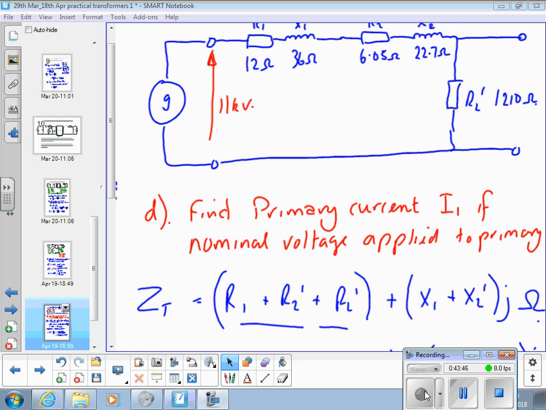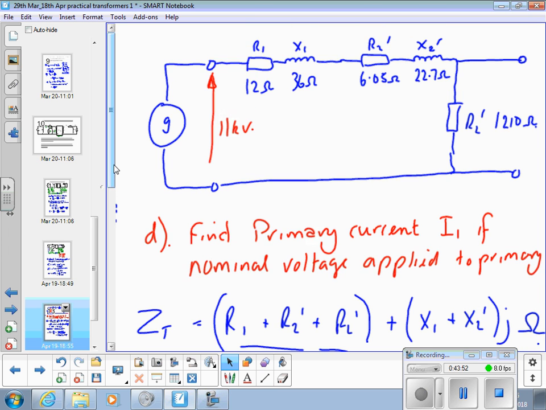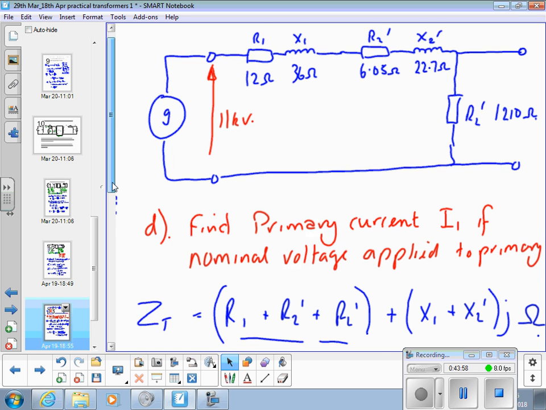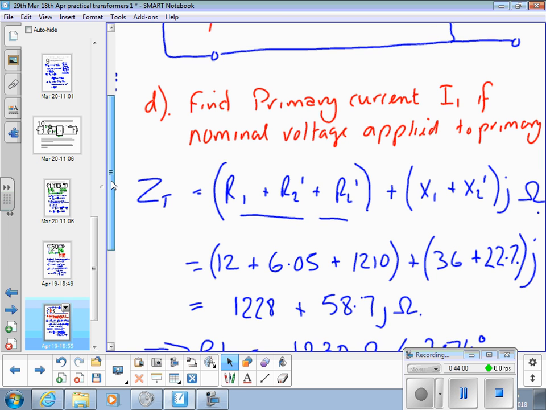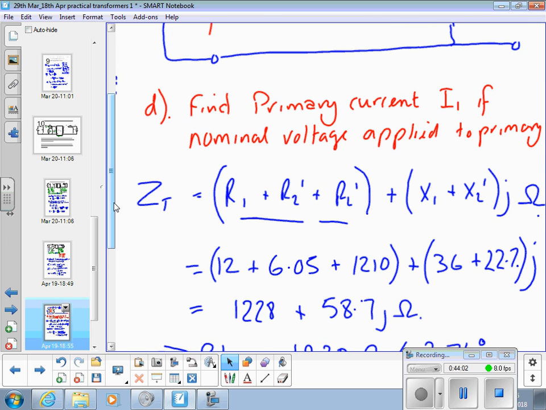As I don't know when I turn the video off, I'm just going to summarize that up again. We've got this model where we transferred the impedances all over to the primary. We're going to find the primary current at the nominal primary voltage. So it's found the total impedance.